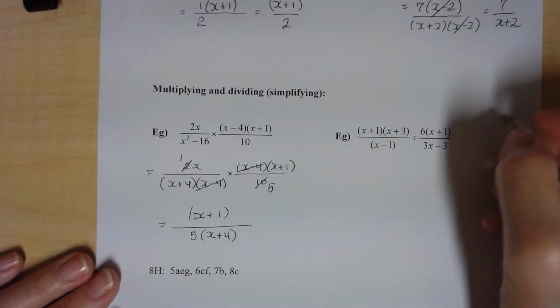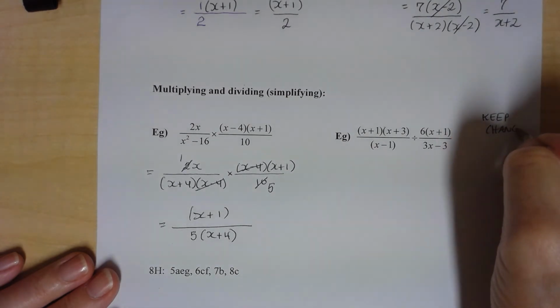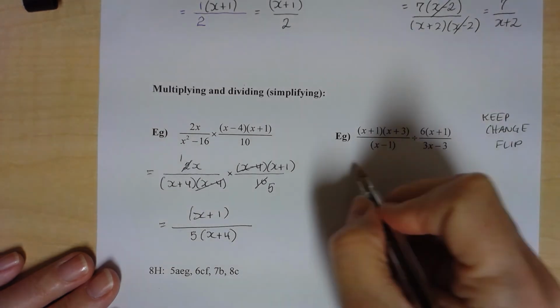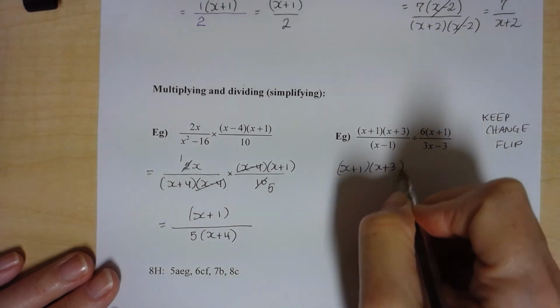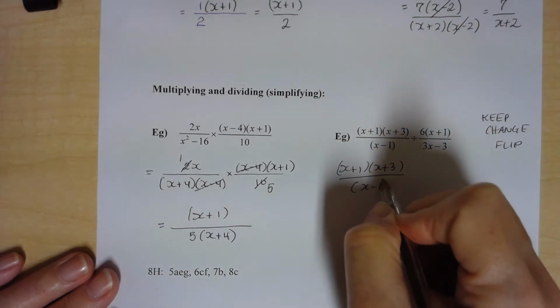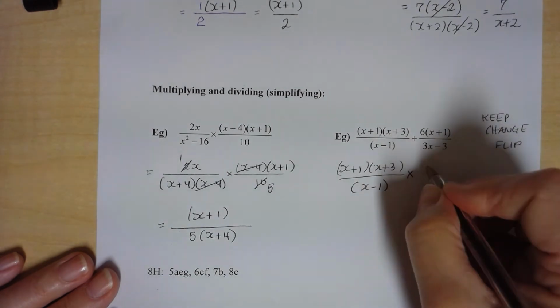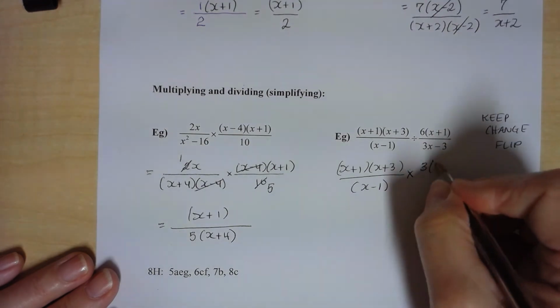When you divide, you have to remember keep, change, flip. So it's x plus 1, x plus 3 over x minus 1. Nothing to cross out. Then times, keep, change, and then flip. Now when I flip, I'm going to take a 3 out of there.